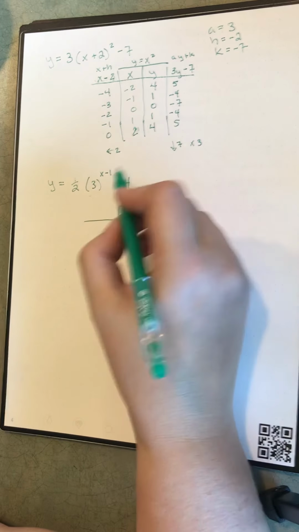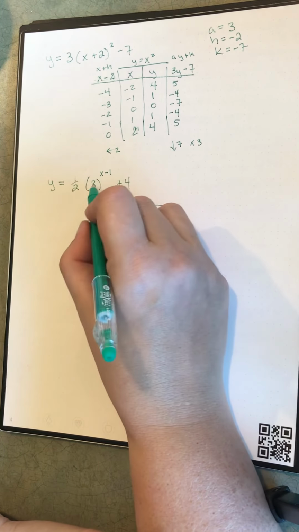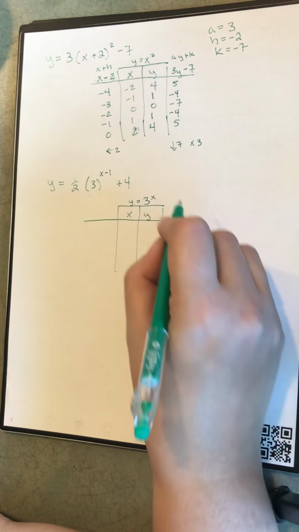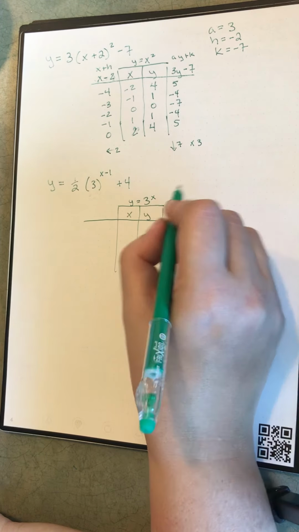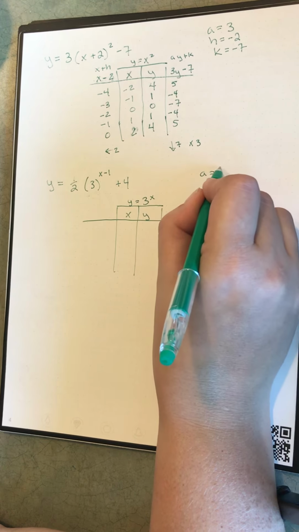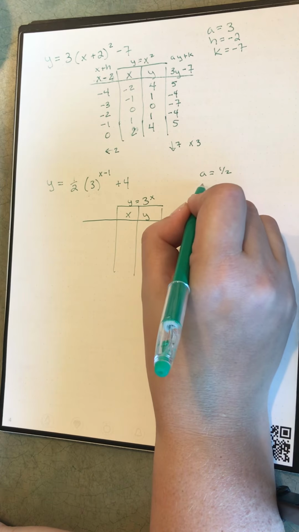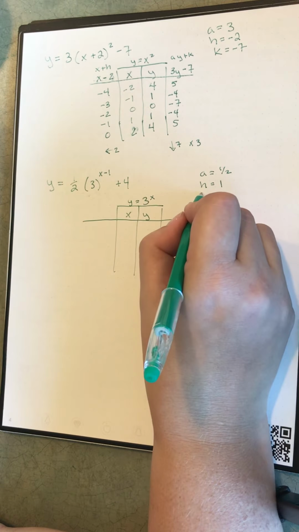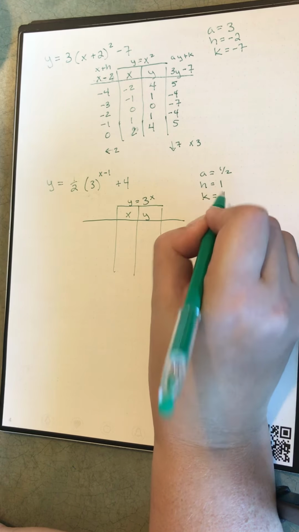So here my parent function, I have to look at that base. So it's just y equals 3 to the x, and this is going to be, let's identify again, a equals 1/2, h equals positive 1, it's the opposite, and k equals 4.